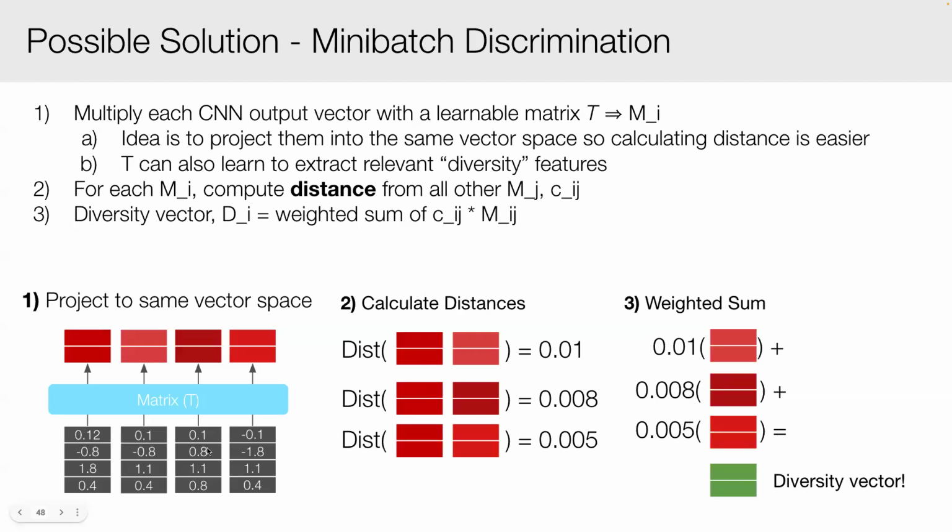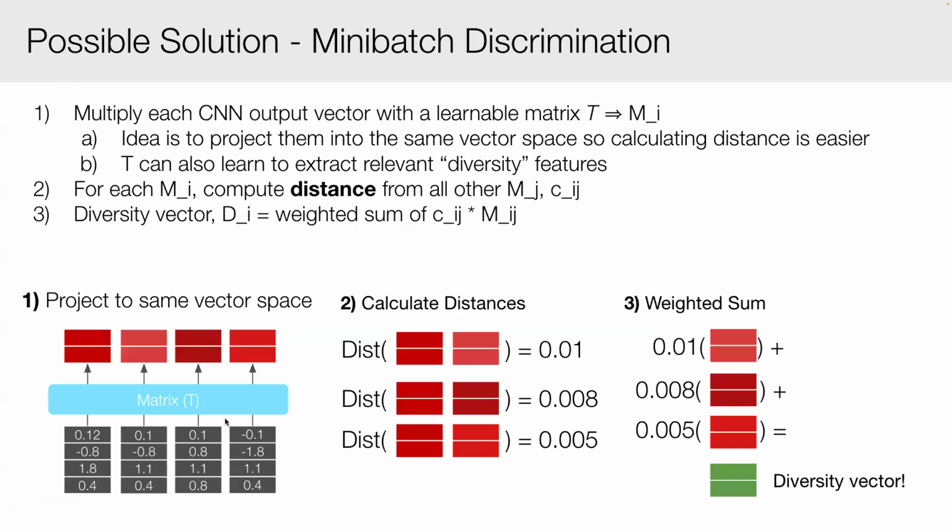What that really means is that we want to compute the distance between each of these vectors in the next step, just to see how similar they are. They might not be in the same vector space to do so, so T makes sure that they are. Oftentimes T might just be the identity matrix. It might not really do much. It's just in case these intermediate vectors happen to be in separate vector spaces.